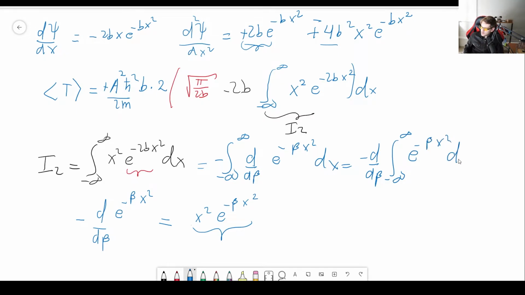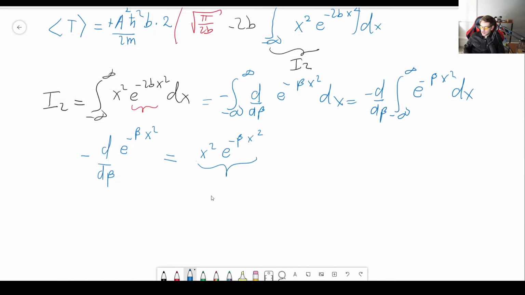Right? And we know how to solve it. We literally just saw it. So that's going to be minus the derivative with respect to beta of square root of pi over beta, the thing that accompanies the minus x squared. So now to conclude, we only have to take the derivative. So derivative with respect to beta of beta to the minus 1/2, right?